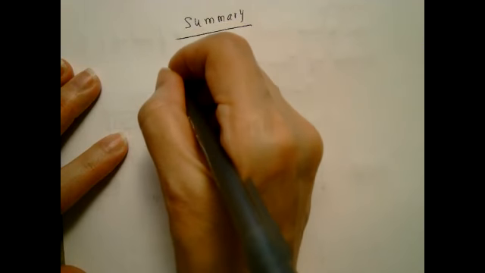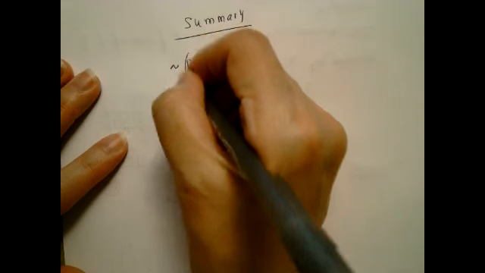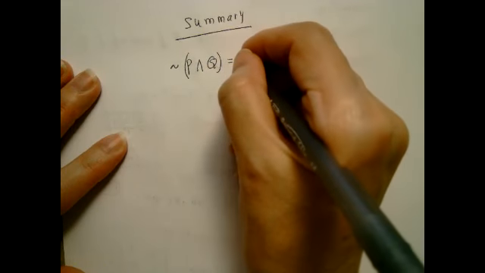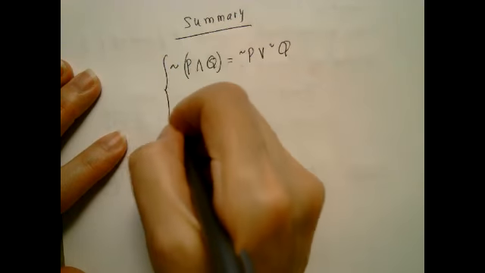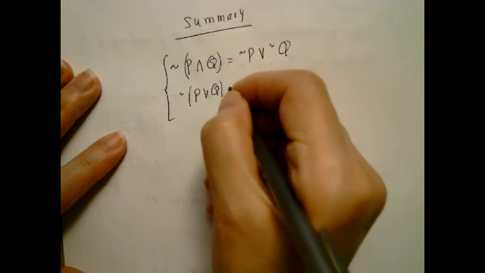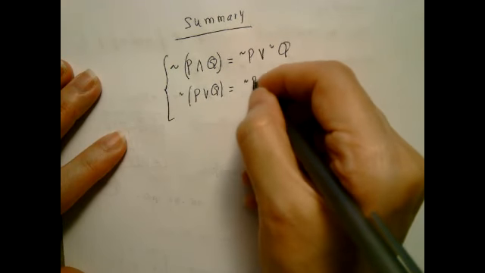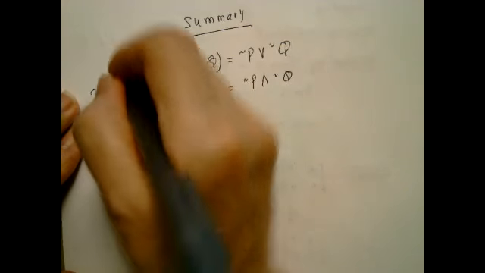The most important matter first: De Morgan's law. De Morgan's law tells me that the negation of P and Q is the negation of P or the negation of Q. And the negation of P or Q is the negation of P and the negation of Q. So that's De Morgan's law.